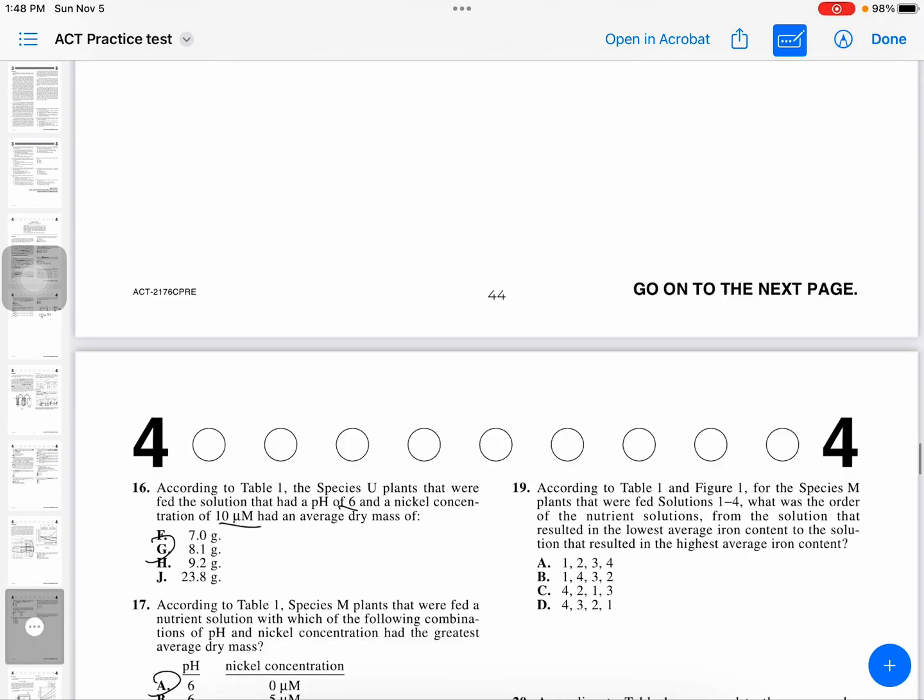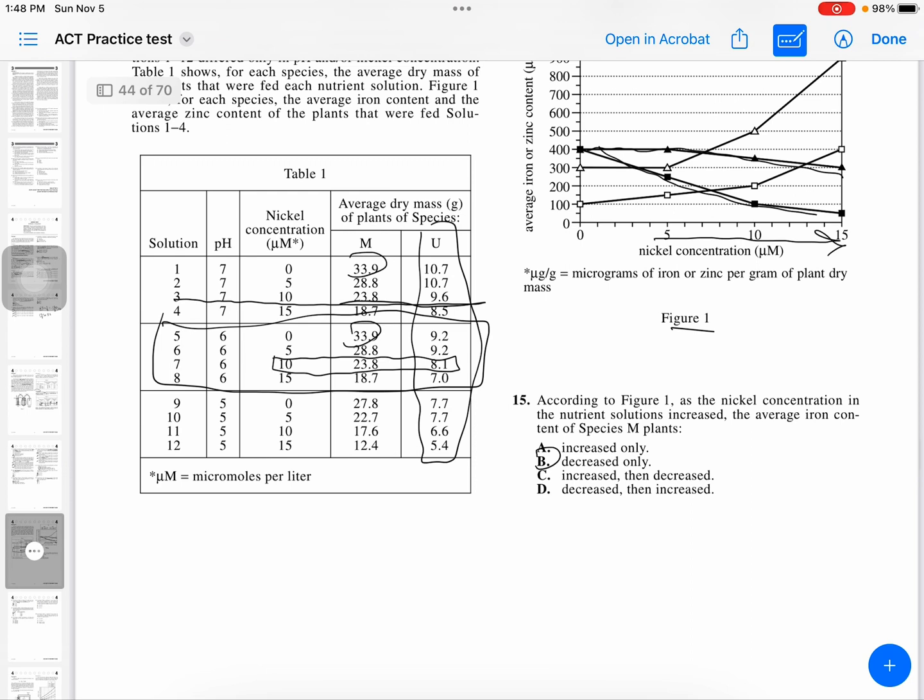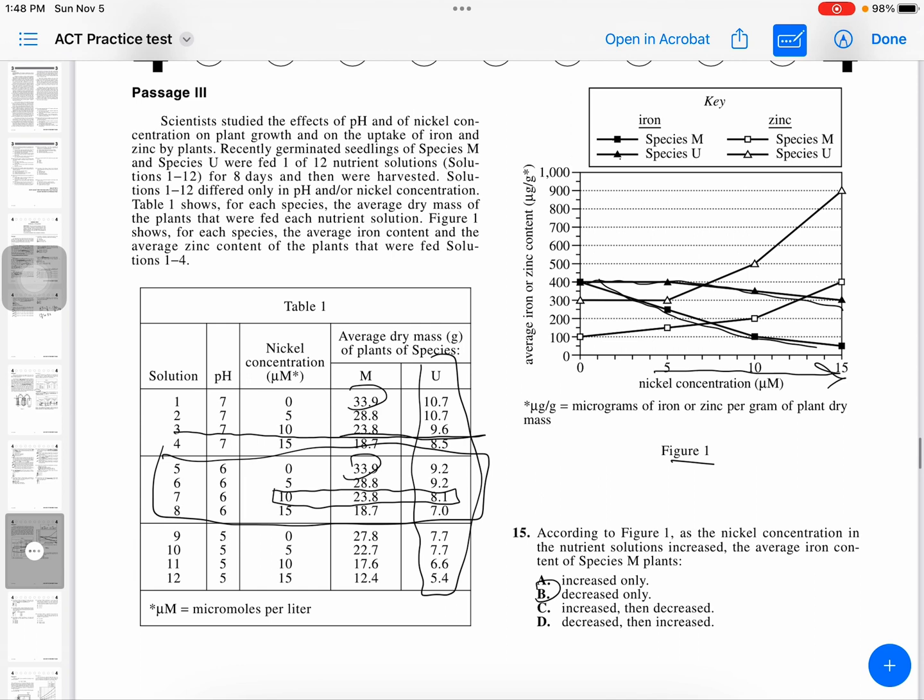Zinc is not available in table number 1. Zinc concentration is the square.